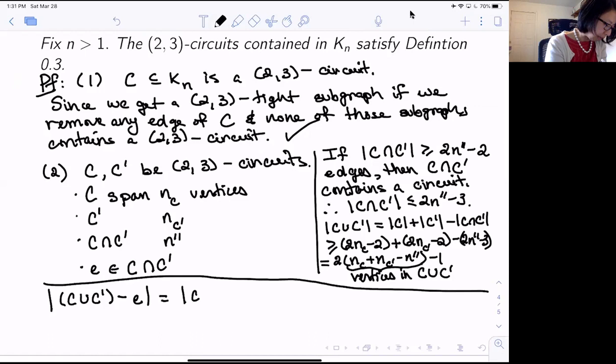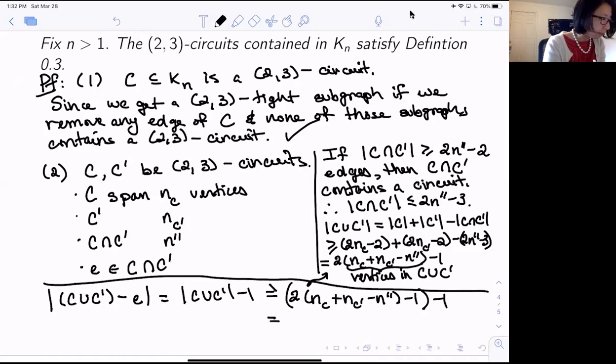So this is going to be C union C prime minus 1. And we just showed over here that this is 2 times nC plus nC prime minus n double prime, minus 1, and then there's the extra minus 1 here. So this is greater than or equal to 2 times the total number of vertices in the union of those two circuits, minus 2.